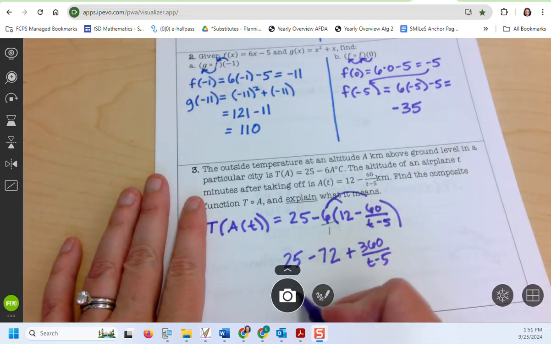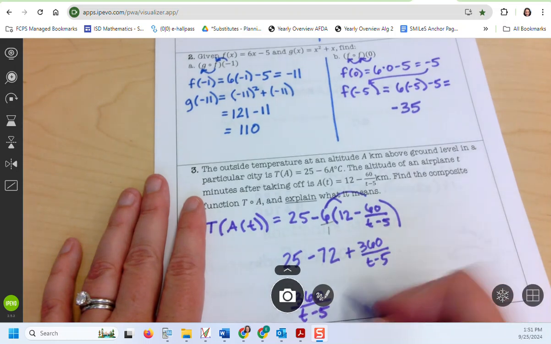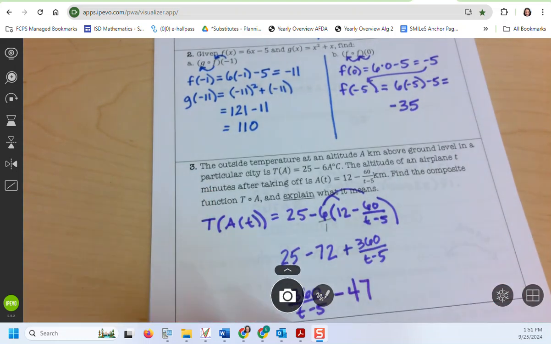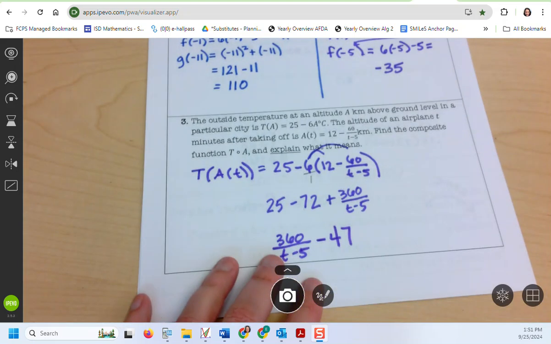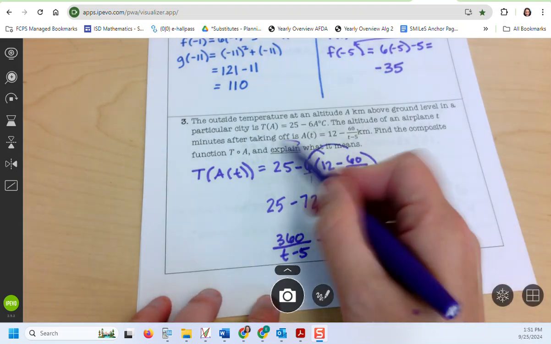So I'm going to keep my fraction here. And I'm going to combine my two constant terms to get negative 47. And we're going to stop there. It is possible to get a common denominator, but I feel like your numerator will be so messy it's not going to be useful. I'm going to give you a second to make sure you got that, and then we're going to talk about what it means.